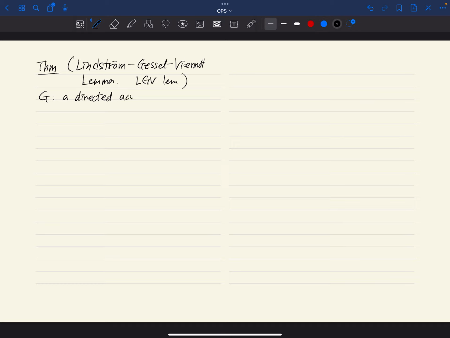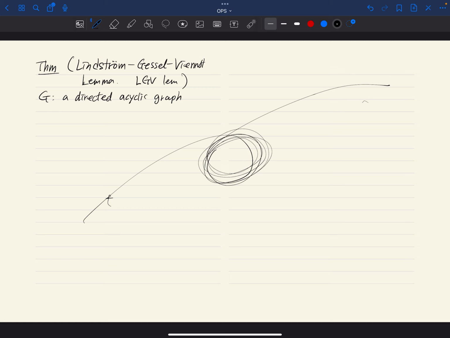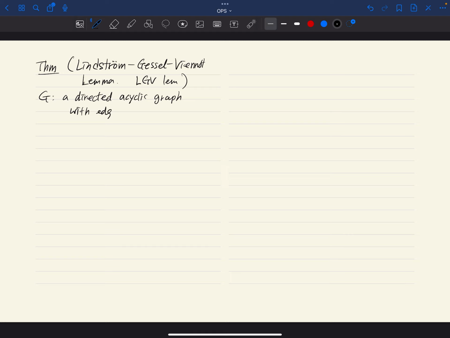We don't want to consider cycles, because if there is a cycle, there will be infinitely many loops, so infinitely many paths from one vertex to another, which we don't really want. So we consider a finite graph with no cycles, with edge weight W.